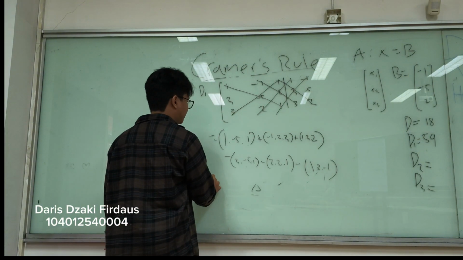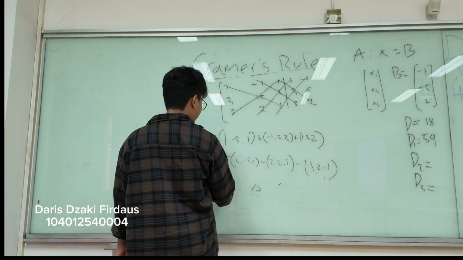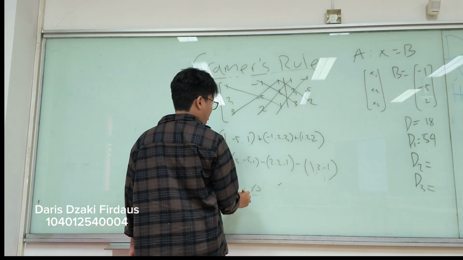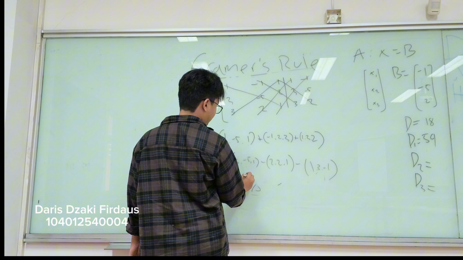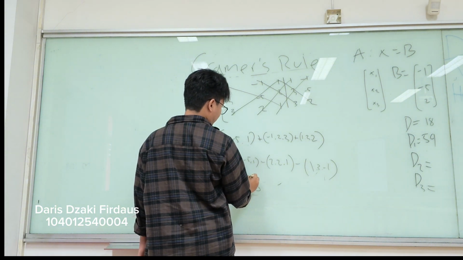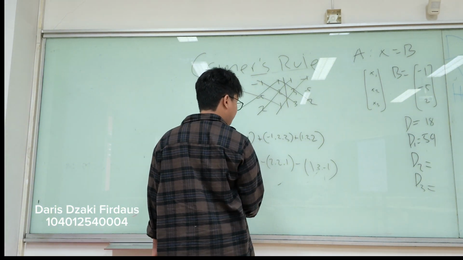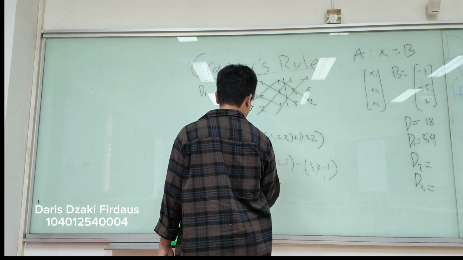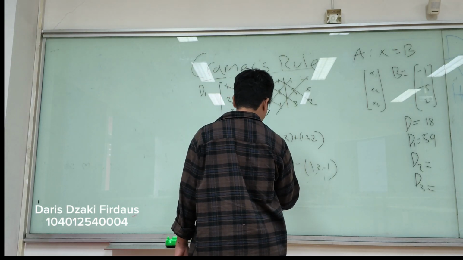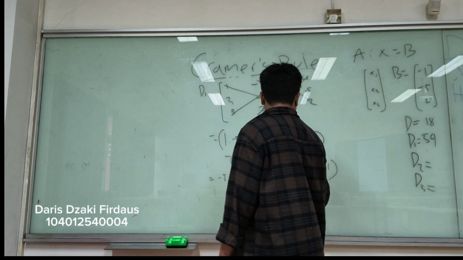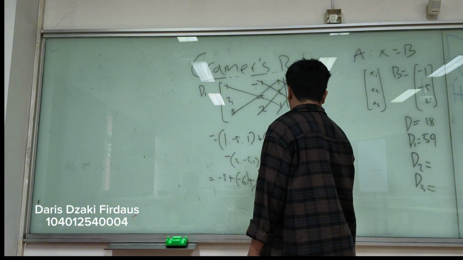Okay, so we get minus 5 plus by minus 6 plus by 6 minus by minus 15, minus 4, minus 3.